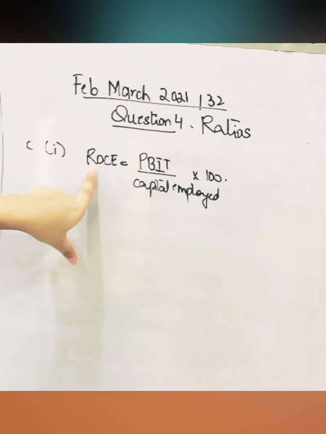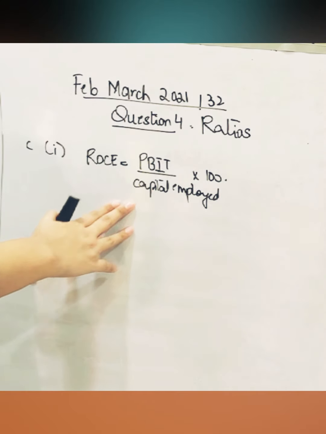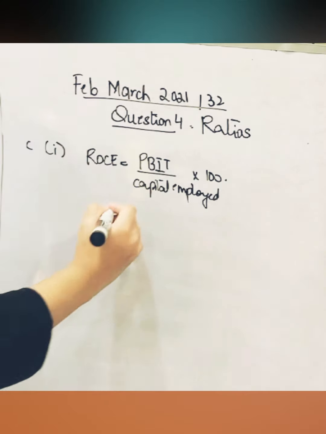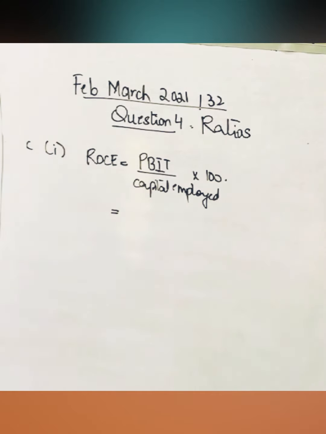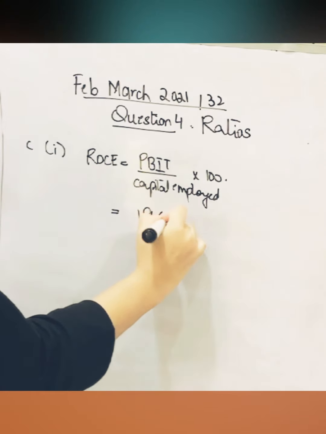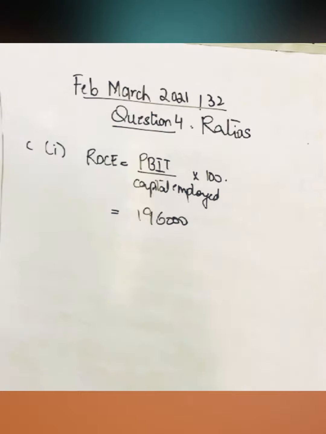Because we're calculating the return on capital, we calculate the return before the subtraction of interest and tax, so we can get to know how much profit the capital invested yields, which can then be distributed. This is how you can learn each of the formulas. Now the profit before interest and tax is given as 196,000, because it is the profit before interest and tax we calculated in the last part.